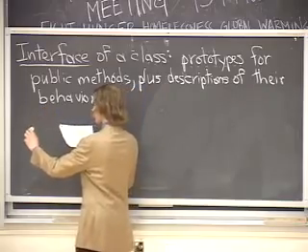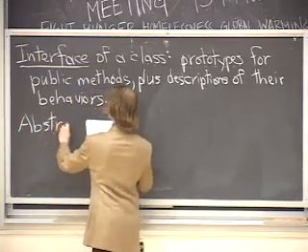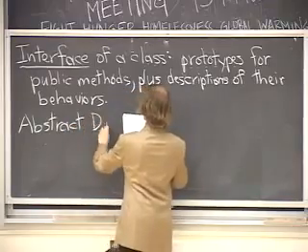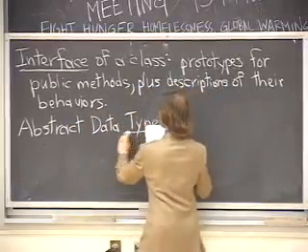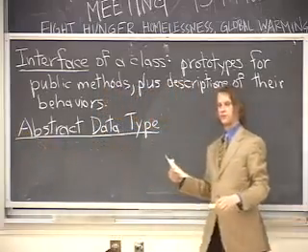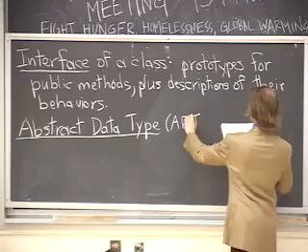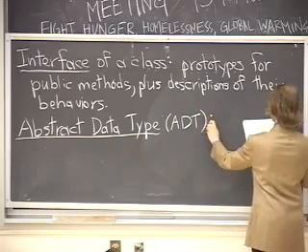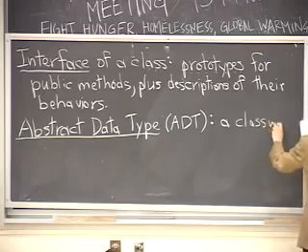Now, some kinds of classes are special kinds of classes called abstract data types, which is kind of an official computer science word, and it's got so many syllables that everyone just calls it an ADT. And that is a class. Well, usually it's a class.